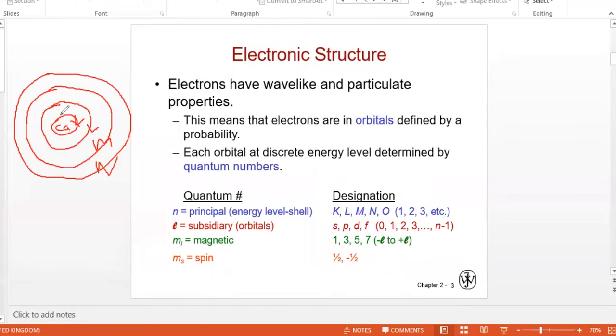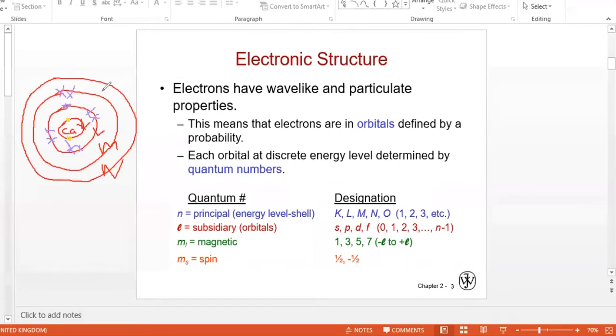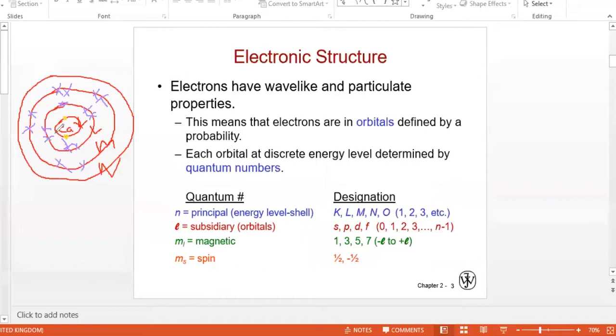In calcium, the first energy level will have 2 electrons, then the second energy level will have 8, then 8 again. But that is not always true. Only for calcium we may have 2 in the next one, but for different atoms we have much more than that, so we'll see.